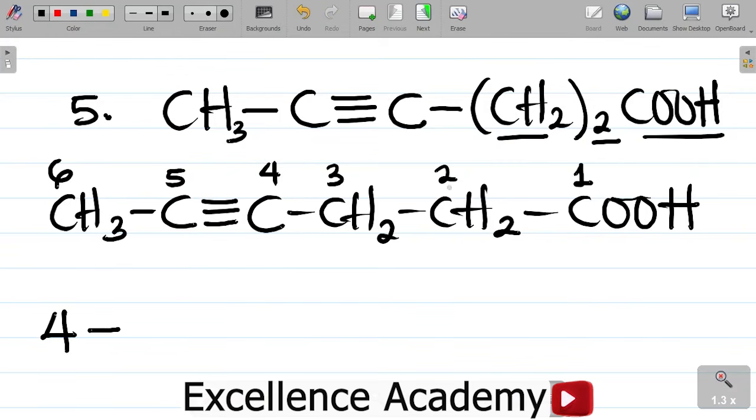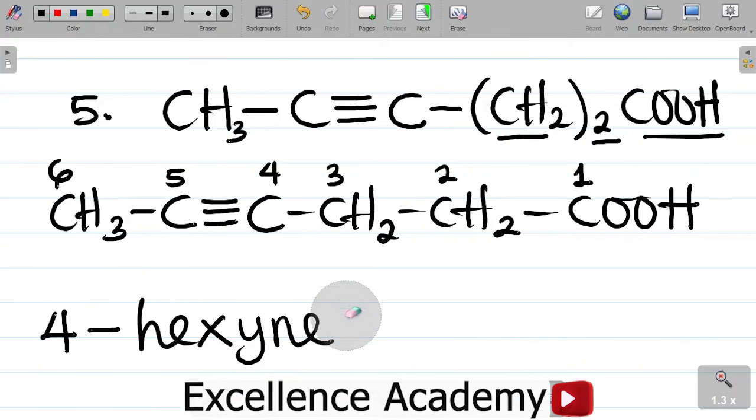hyphen. You have 6 carbon atoms here. 6 is hex. So I have hex. Now hex shows you that you have 6 carbon atoms. Now showing your triple bond here, to show the triple bond we use yne. So usually this should have been a hexyne. Now hexyne tells you that you have a triple bond. But don't forget that we don't put the last E. So it's off.